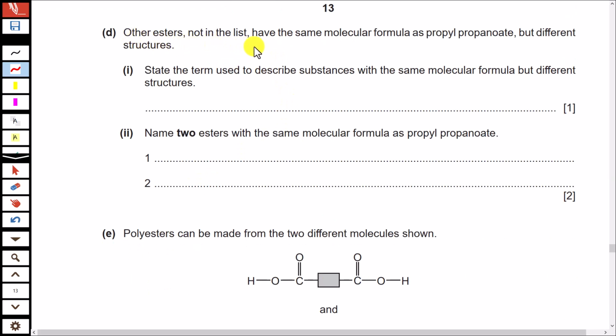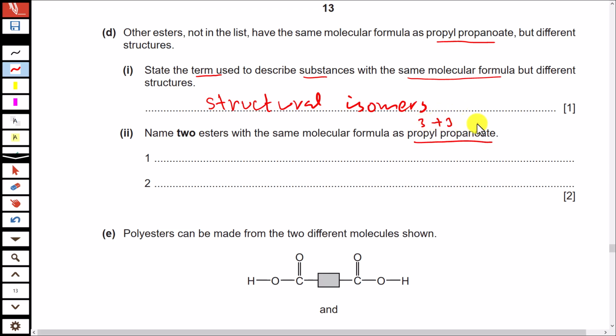Other esters not in the list have the same molecular formula as propyl propanoate. State the term used to describe these substances. Same molecular formula but different structures: such substances are called structural isomers. Name 2 esters with the same molecular formula as propyl propanoate. Propyl propanoate has 3 plus 3 equal 6 carbon atoms. So you have to name any other 2 esters that have 6 carbon atoms.